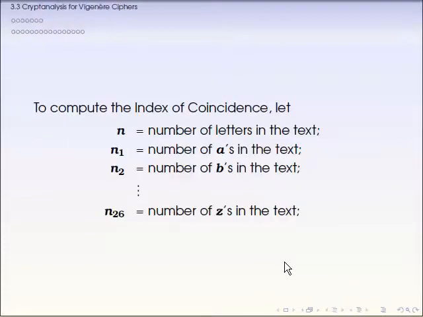Okay, so to compute the IC, let's say n is the number of letters in the text, n1 is the number of a's in the text, n2 is the number of b's in the text, and so on, so n26 is the number of z's in the given ciphertext.